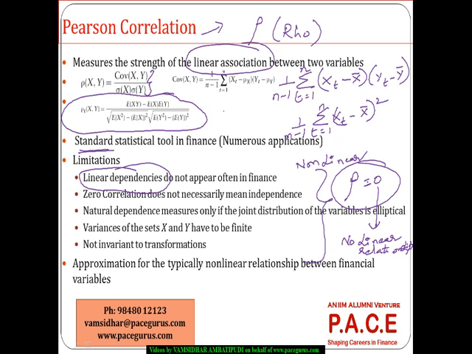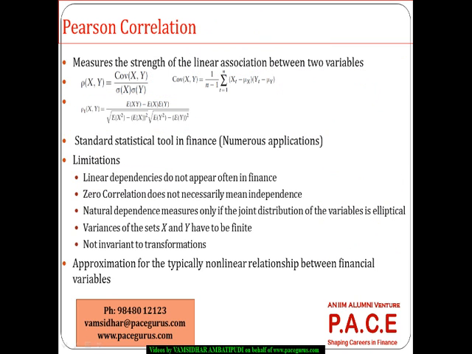And it's also said that it talks about the real relationship dependency between the values only if their joint distribution is elliptical in nature. But there are lots and lots of scenarios where their joint distribution need not be elliptical, which means correlation cannot be used as a dependence measure at all.